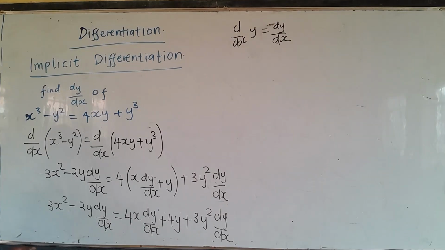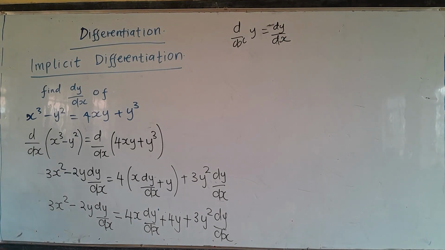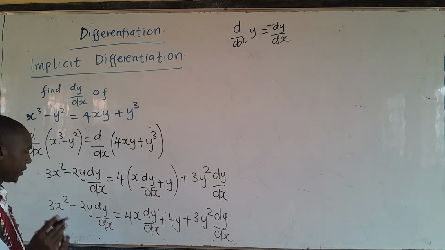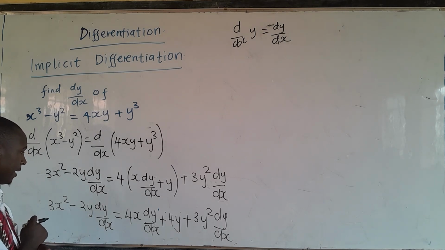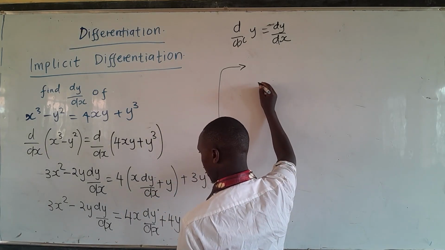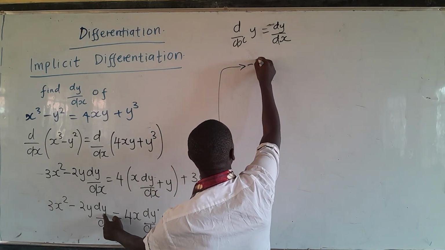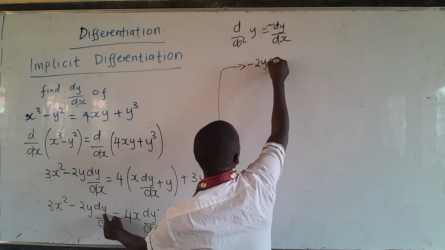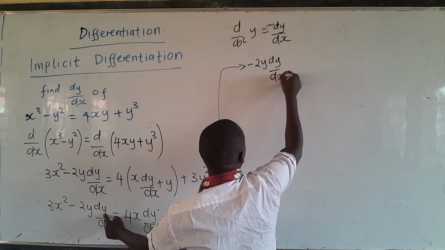So if we identify those terms with dy/dx and we have them on one side, and then we solve for dy/dx, the first term is negative 2y dy/dx.